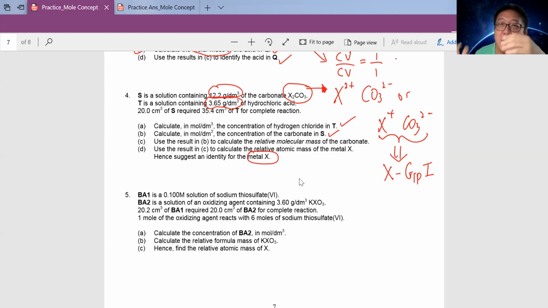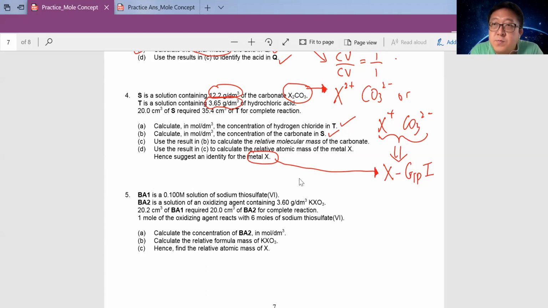Not the lunch later, okay? I'm thinking in my mind, when I reach step D, I better get a group 1 as my answer. Correct or not? You think about it.